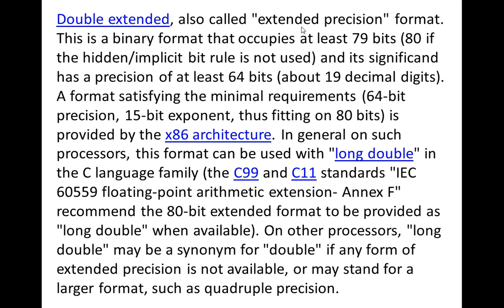And its significand has a precision of at least 64 bits. You have to see how many bits are used for precision and how many bits are used for the binary format. Next is a format satisfying the minimum requirement, that is 64-bit precision and a 15-bit exponent, thus fitting in 80 bits. This is how we can represent multiple formats with the standard IEEE 754.